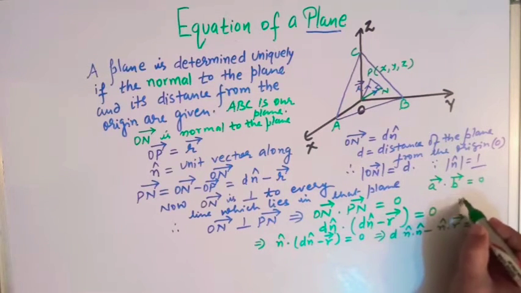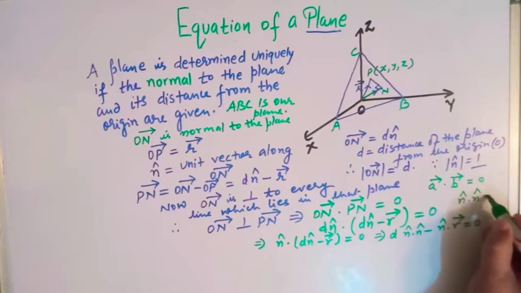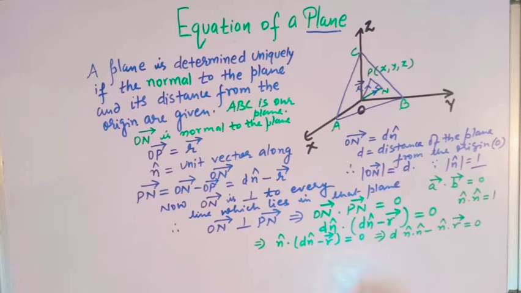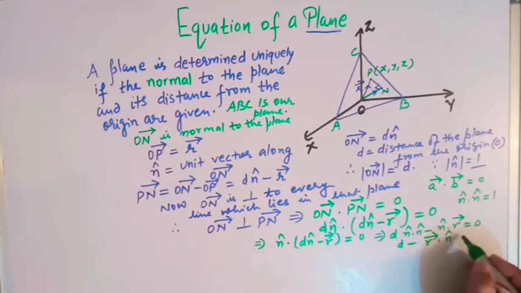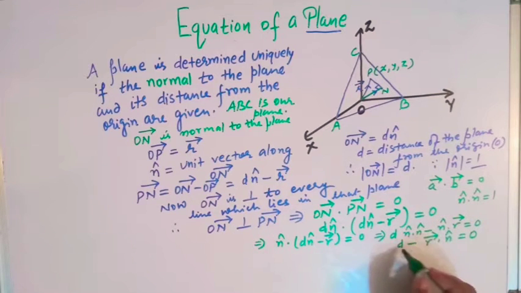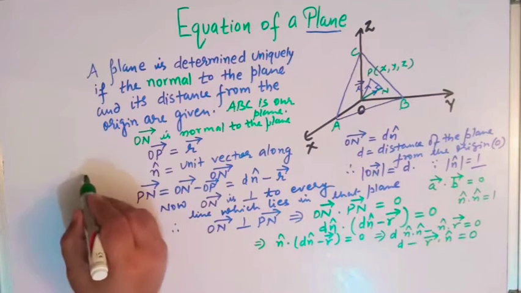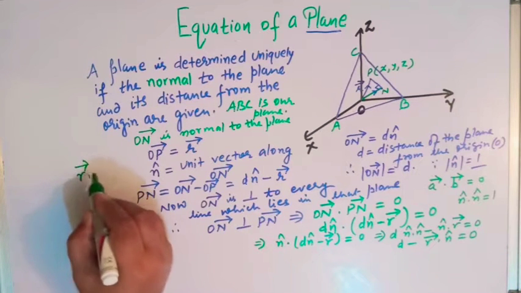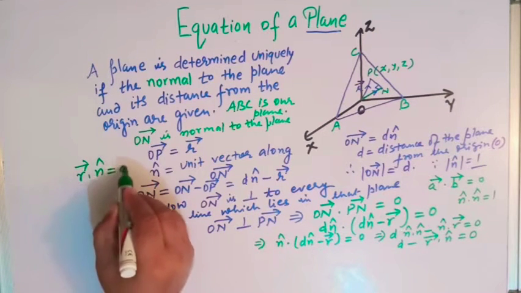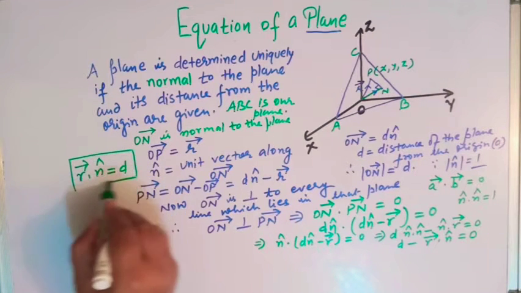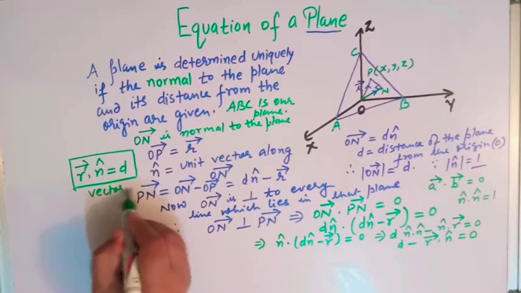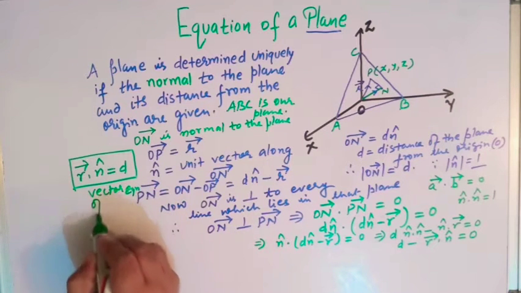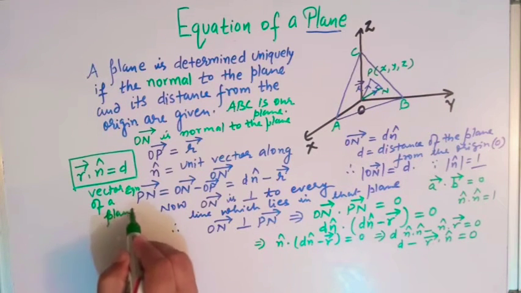Now n cap dot n cap is equal to 1, right? So therefore we have d minus r dot n cap is equal to 0, because the dot product of two vectors is commutative. Now this can be written as r dot n cap is equal to d. So this is the vector equation of a plane in normal form.